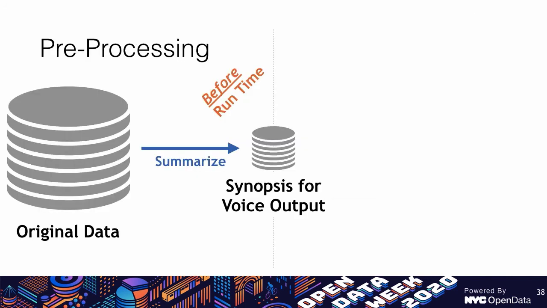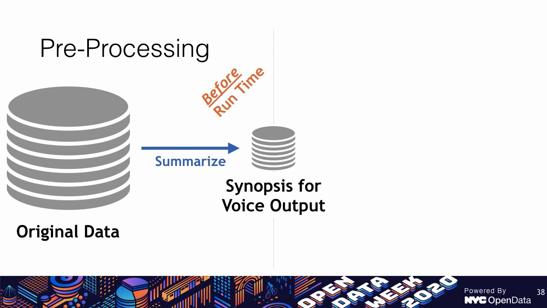Now, what we are doing in the newest version is pre-processing, which means that before runtime, we have one long pre-processing phase where we try to summarize the data specifically for voice output. So in a way, we are trying to answer most of the queries already in advance, at least at a relatively high level.